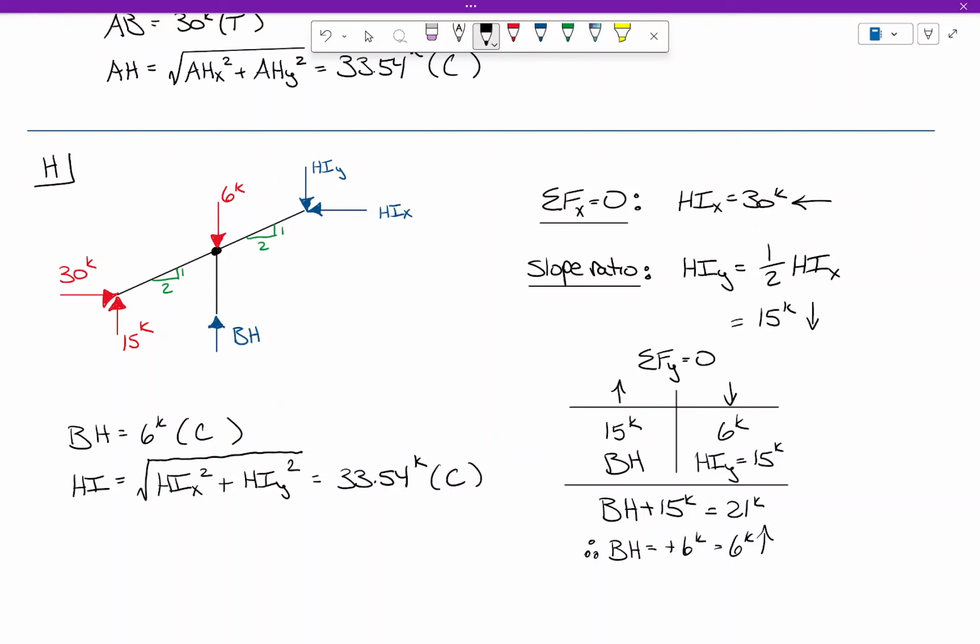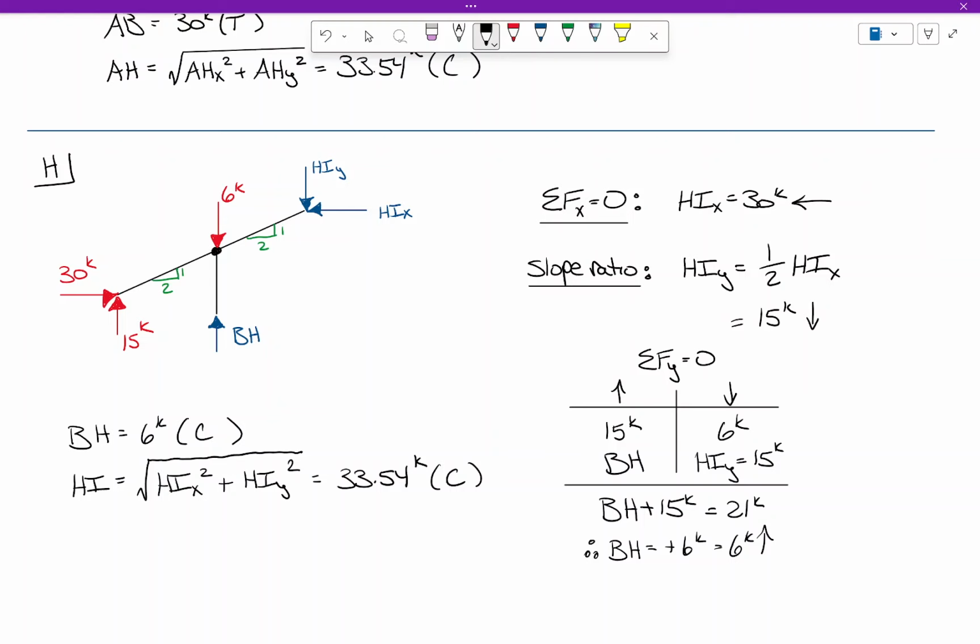If we were doing this joint analysis at joint H, what would happen if that load was gone? Let's think this through. What would the force in this member right here be? 0. Interesting. So if we have these two members along the same line, and this load was gone, that'd be 0. Keep that in mind for Monday, because we're going to use this as a trick to identify some zero force members.